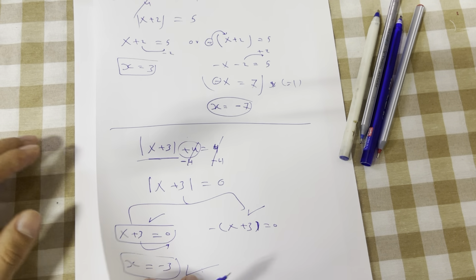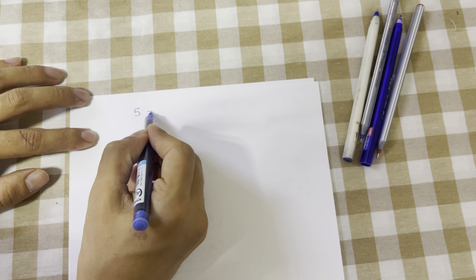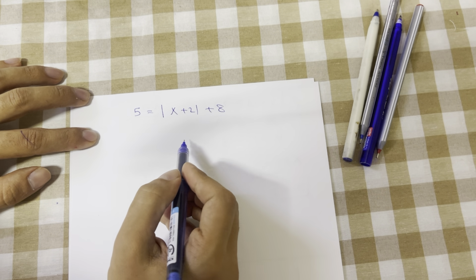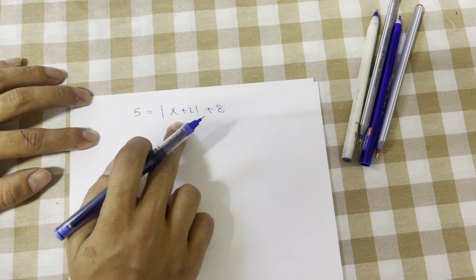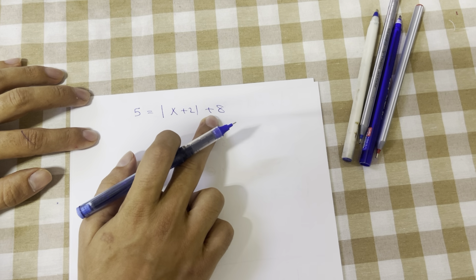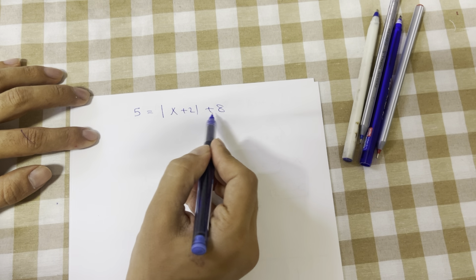And we have another example like that. Now look here, we have absolute value, so I have to remove the number around the absolute value, then I have to work on this. How to remove this?